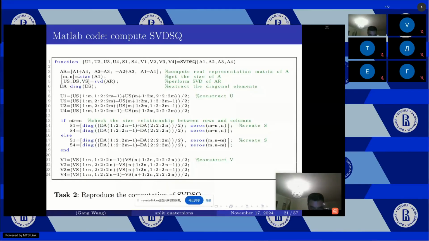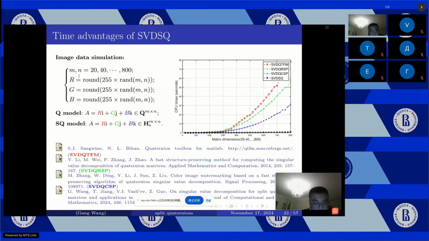Since split-quaternion matrices are not necessarily square, it is important to supplement the right or bottom side of the diagonal matrix with zero matrices, depending on the dimensions of the original matrix. If you are interested, you can also replicate the computation process for the SVD of a split-quaternion matrix.